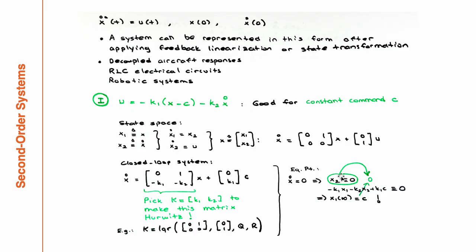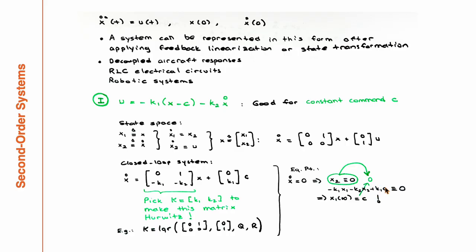So velocity becomes 0. Now, equilibrium analysis wise, if you look at the second equation, 0 equals minus k1 x1 minus k2 x2 plus k1 c on the left hand side. So x2 was 0 from the top. We end up having minus k1 x1 plus k1 c.